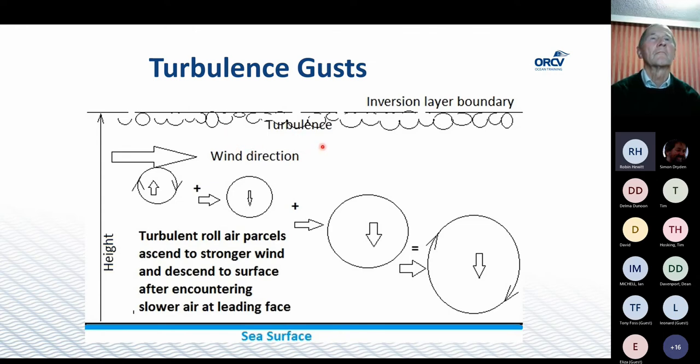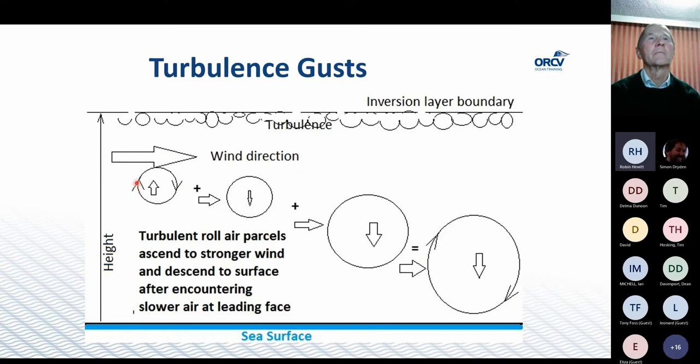I've seen the effect of this, but I haven't been able to wrap my head around the gust and see the gust formation actually happen. I'll explain it nonetheless. Under the circular motion in the turbulence up under the inversion layer, you've got the wind direction and a circular motion which is copied from under the inversion layer.